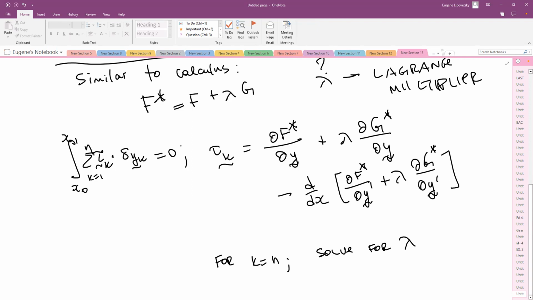Once lambda is found, then tau n is 0 for that lambda.